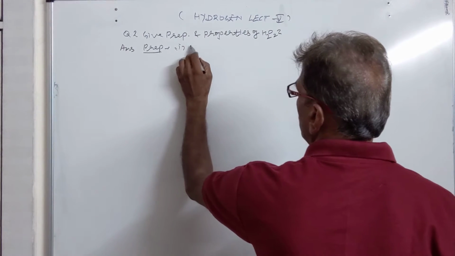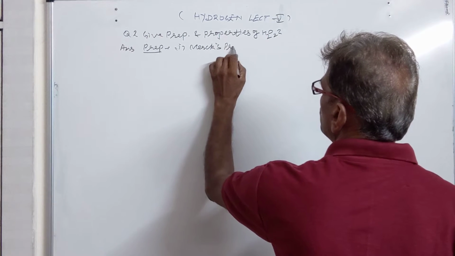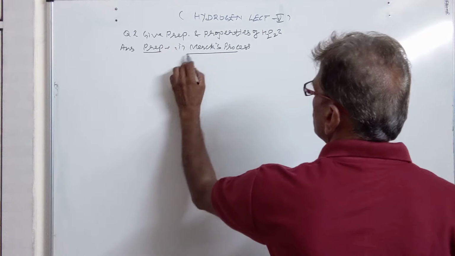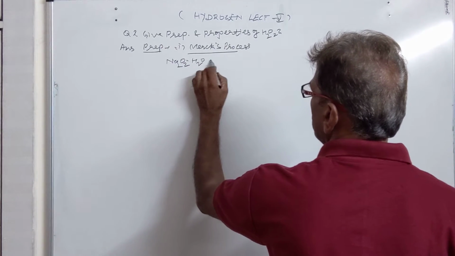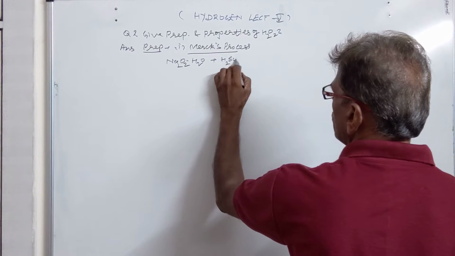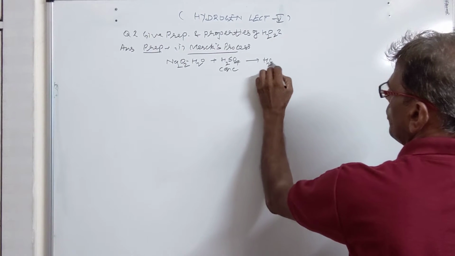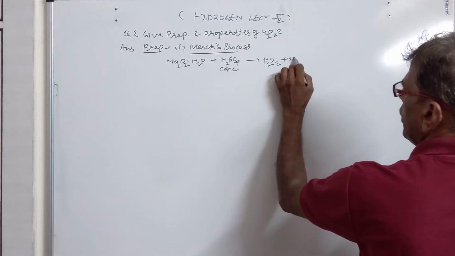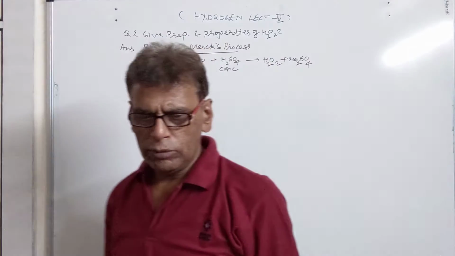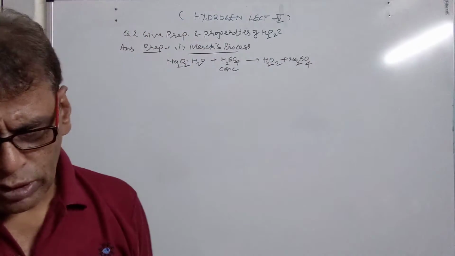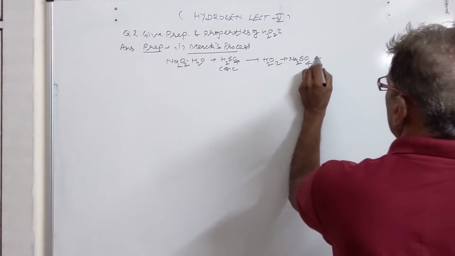Number one is the Merck process. Sodium peroxide, when treated with concentrated H2SO4, will give you H2O2 plus Na2SO4. So the Merck process involves the conversion of sodium peroxide into H2O2 plus water.